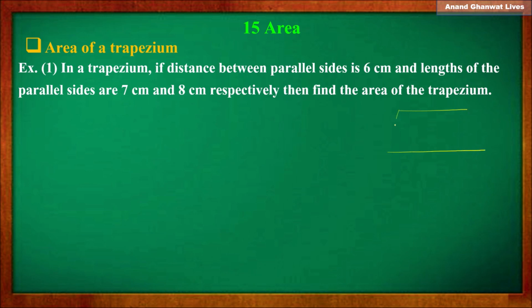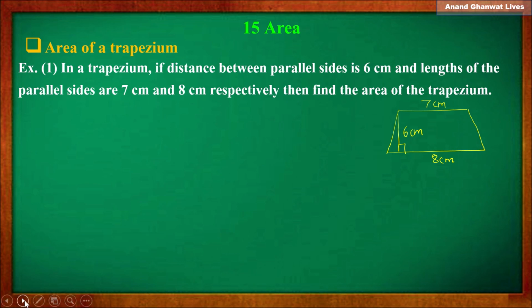Now we have given here the distance between parallel sides, that is 6 centimeter, and the parallel sides are 7 centimeter and 8 centimeter respectively, and we have to find the area of trapezium.